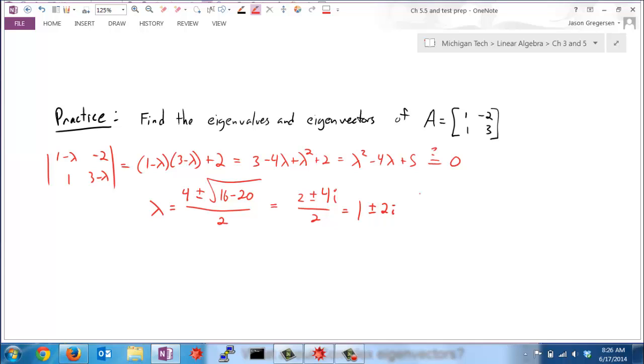Squared. Minus 4 times. That's fine. And I have to tell what my variable is. So my variable is 5x.